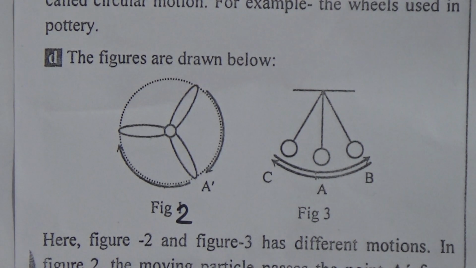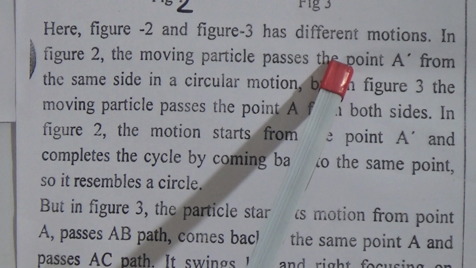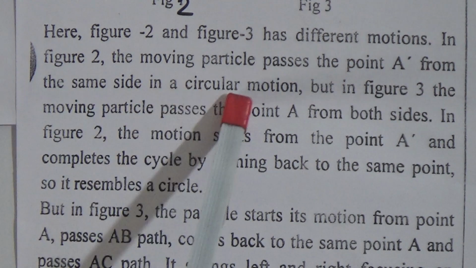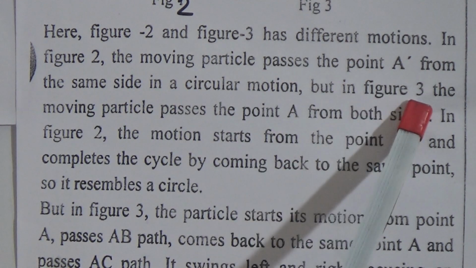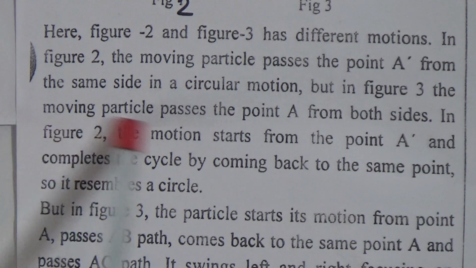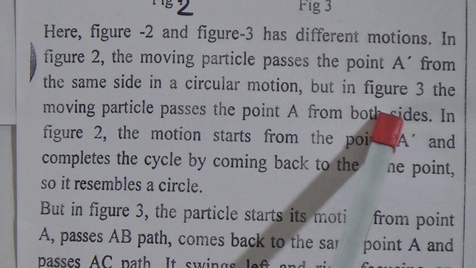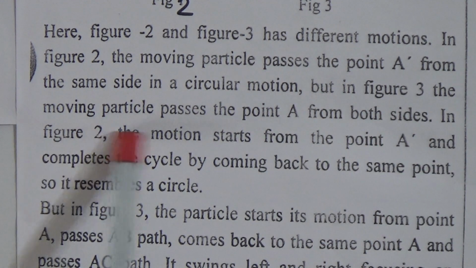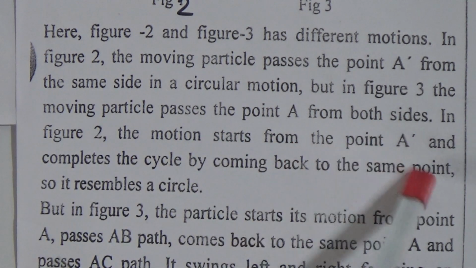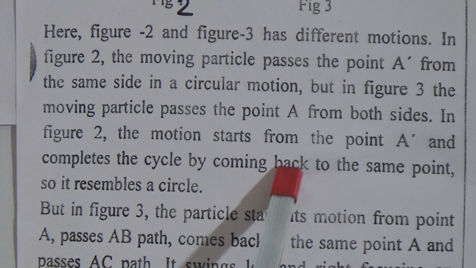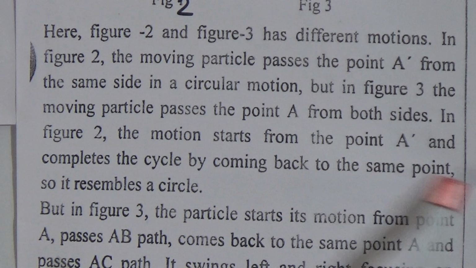In figure 2, the moving particle passes point A prime from the same side in a circular motion, but in figure 3, the moving particle passes point A from both sides. In figure 2, the motion starts from point A prime and completes the circle by coming back to the same point.